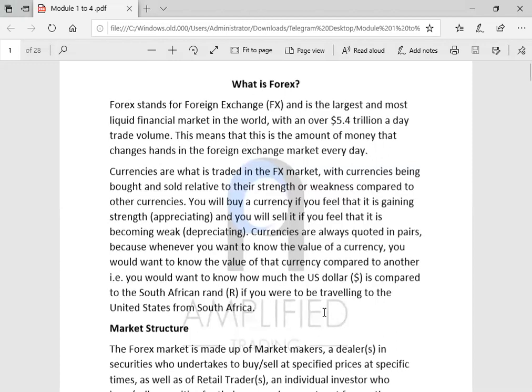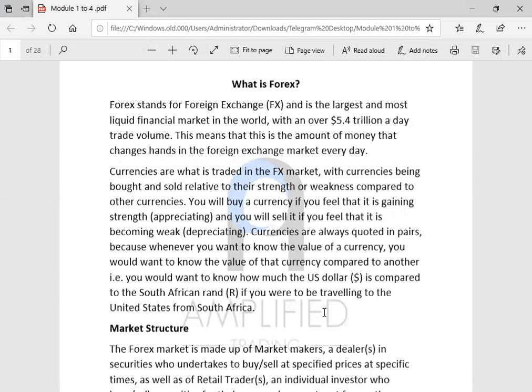Now, basically, what the FX market is: the foreign exchange market is the largest and most liquid financial market in the world. At this present moment, about 5.6 trillion US dollars is traded there daily, which means that amount of money actually exchanges hands.